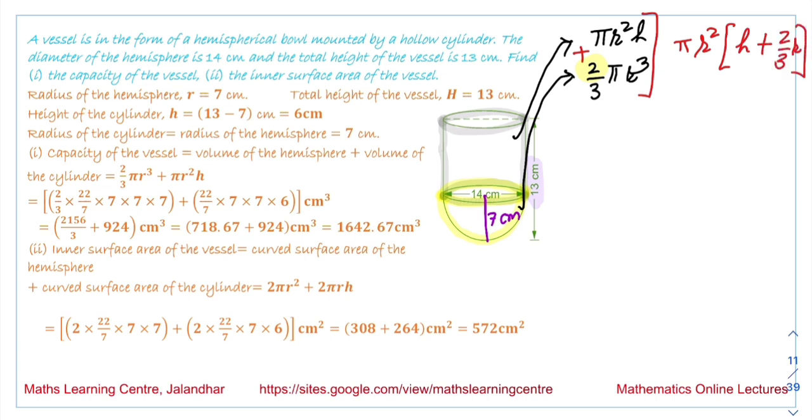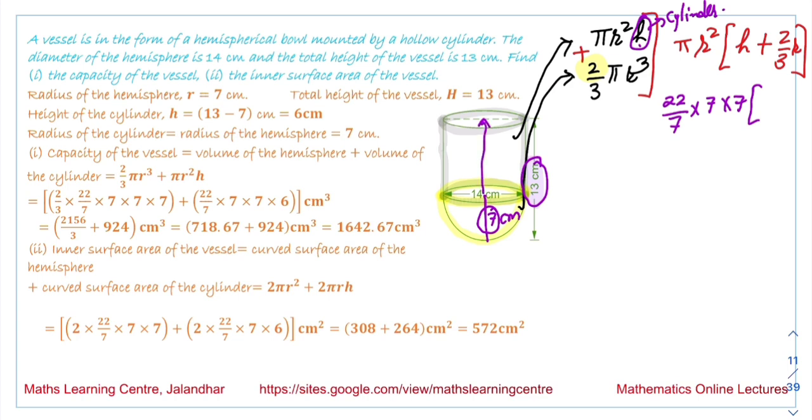So if we substitute these values over here, we will get 22 by 7 into the value of r square, which is 7 into 7. The value of h will be the height of the cylinder. The total height is 13 centimeters, and this much portion is 7 centimeters.